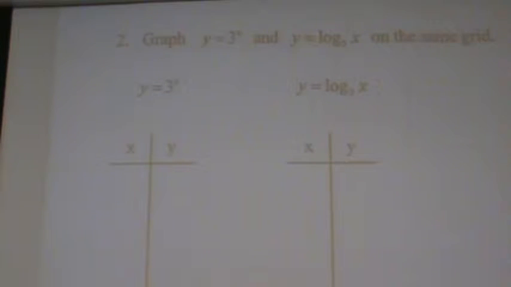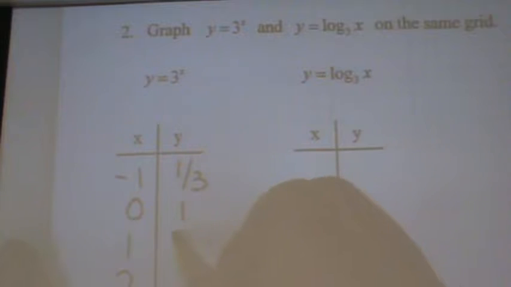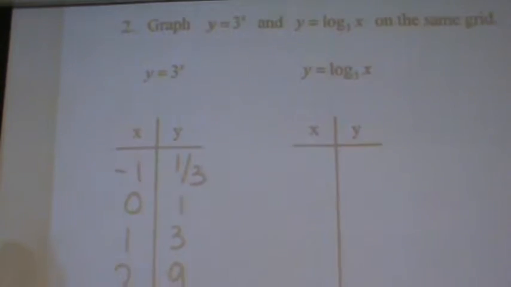Can you right now graph y equals 3 to the x power? Yes, you can. Give me 4 good points, quickly. -1, 0, 1, 2. You get a third, 1, 3, and 9. Graph those points for me. Over 1, up a third. 0, 1; 1, 3; and 2, 9.